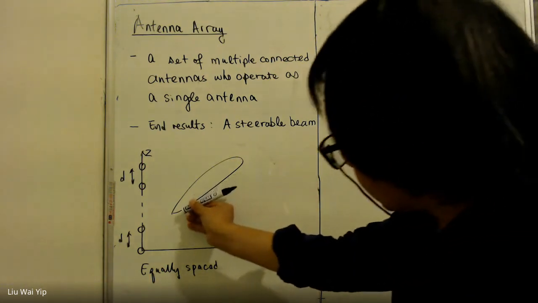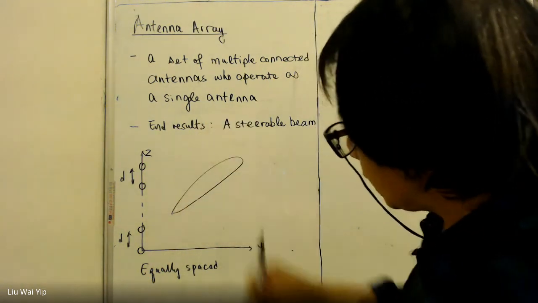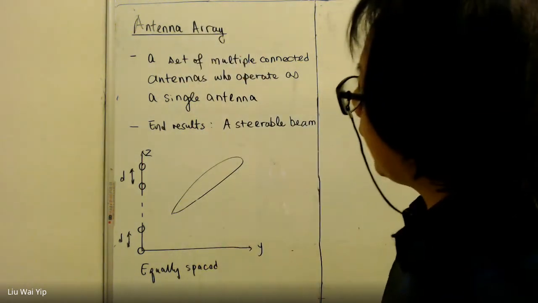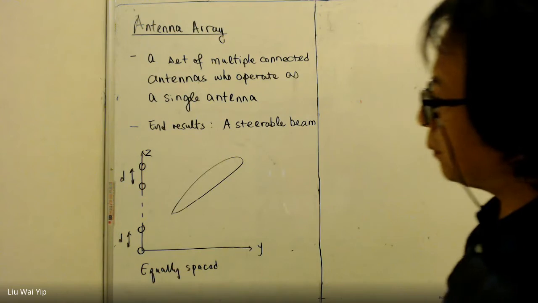Steerable means that the direction of the beam can be changed. So this is what the antenna array is about.